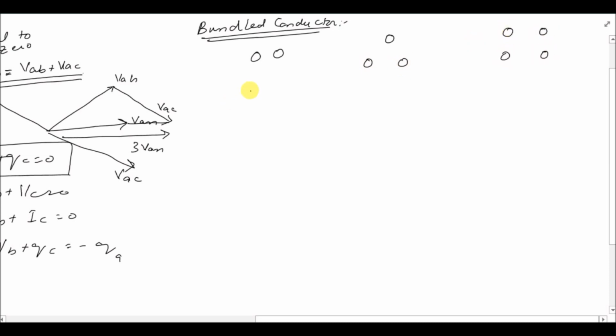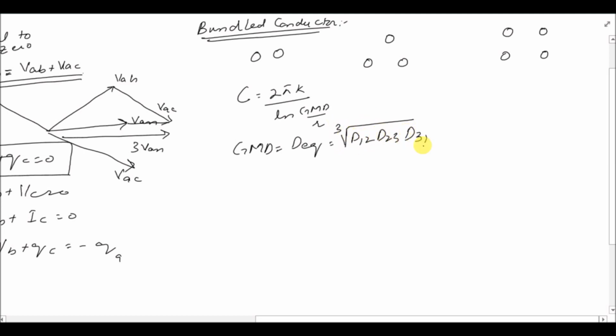The formula of the capacitance is C is equal to 2 pi K over ln GMD over R. And in the derivation that I have done right now, GMD is actually equal to D equivalent, which is equal to the cube root of D12, D23, D31.